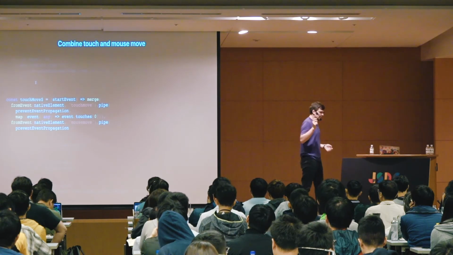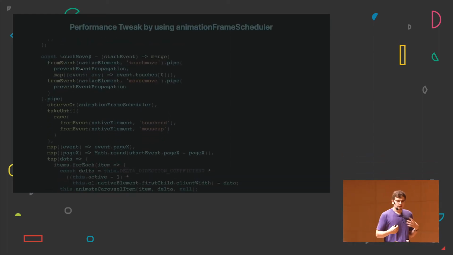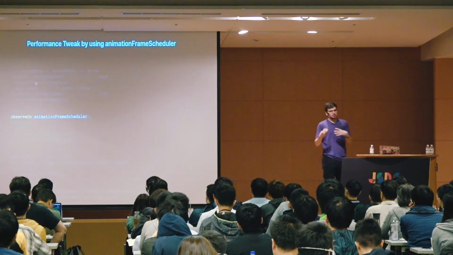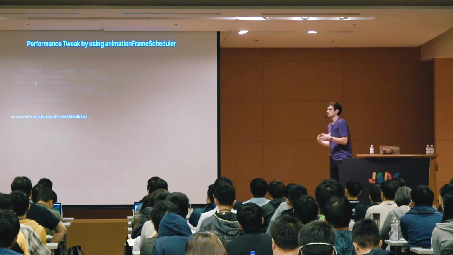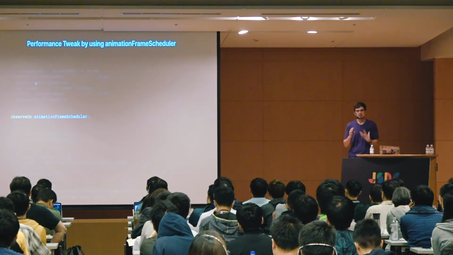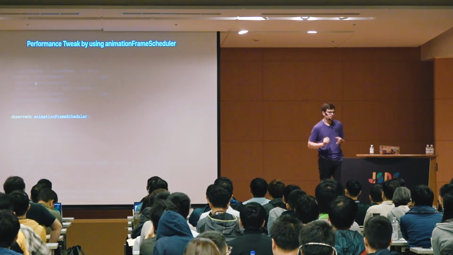And again, this event propagation is just for my slide deck, so usually you wouldn't need that. So we take that value and use the observeOn operator to schedule the values over the animation frame scheduler. This is just a minor performance improvement, so that the animation is a little bit more flawless.